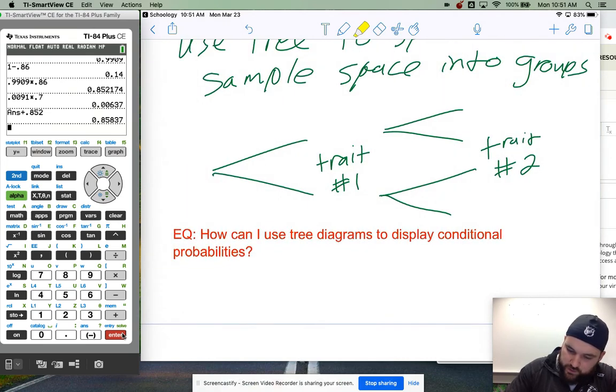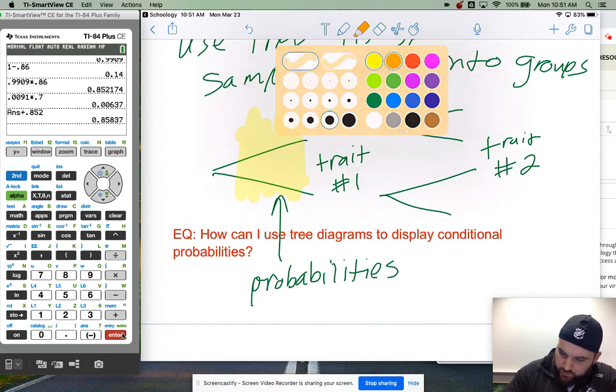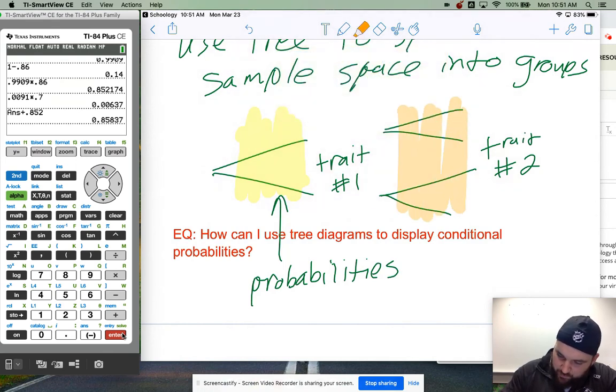On that part of the tree, you're going to have some basic probabilities. In this part of the tree, you're going to have given probabilities.